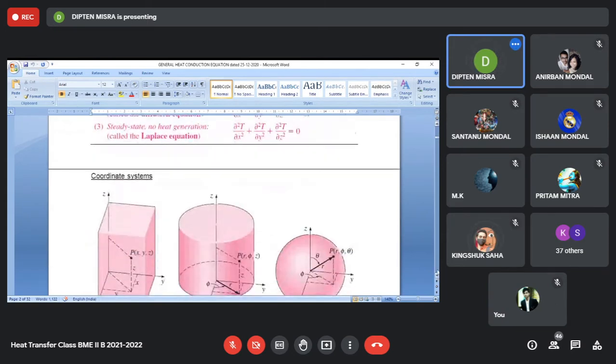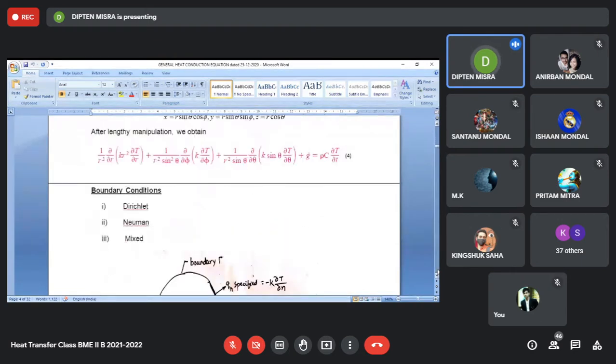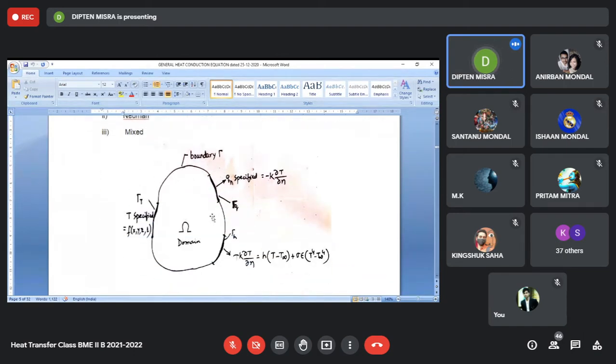If you see, there can be different types of boundary conditions. One is called a Dirichlet type boundary condition, where the temperature value will be prescribed on some part of the boundary. Now, this is a very pictorial, generalized representation of a body in which we want to see how heat conduction is taking place vis-a-vis the surrounding.